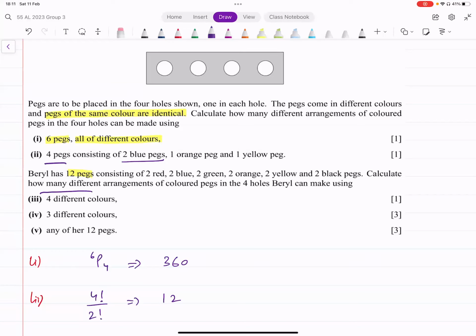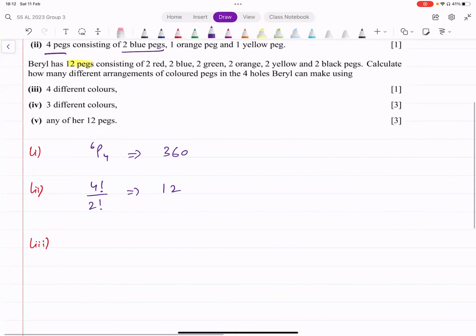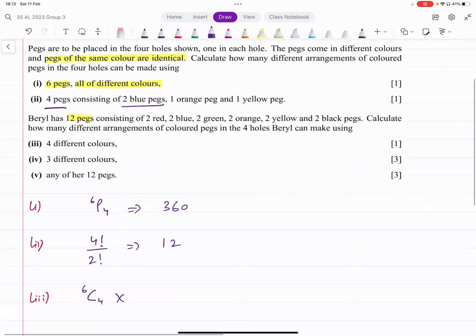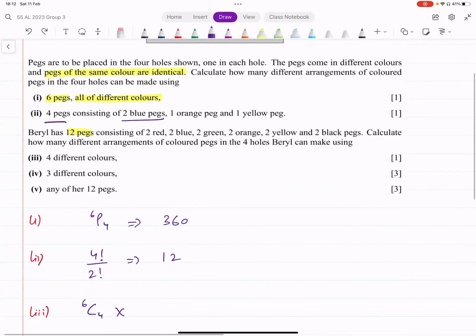But if you have to choose 4 different colors, it means that there are 6 different colors, and out of those 6 colors you have to basically arrange 4 colors, right? Out of 6 you have to arrange 4 colors. Or you could also think of it this way, that there are 6 colors in total. Out of 6 you have to choose 4 colors, and then you have to arrange those 4 colors, 4 pegs, in these boxes and in these holes.